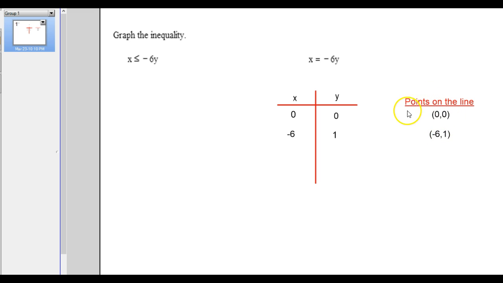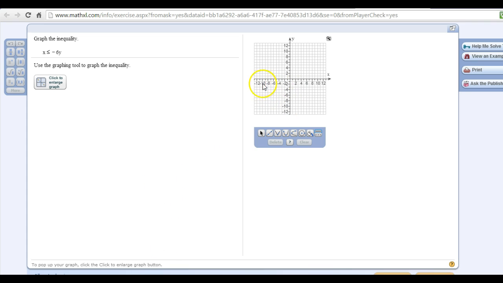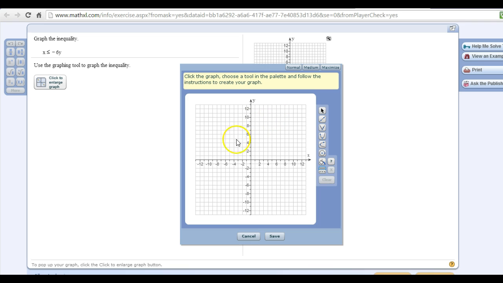So I have 2 points now, and I can make my line. I'm going to go to the graphing feature that comes with this particular question and blow it up to see it. Now this is a line when it's equals, so the first thing I'm going to do is use the line tool. I'm going to click the line tool, and notice up here in the corner, it tells me what point I'm hovering the mouse around on.